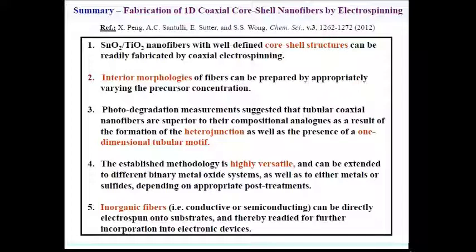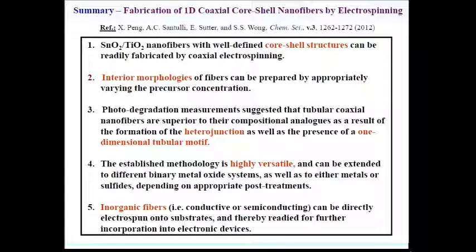The methodology is highly versatile in that it can be extended to different binary metal oxide systems, metals or sulfides, and these fibers can be directly electrospun onto different substrates, thereby allowing them to be incorporated into various types of electronic fibers.